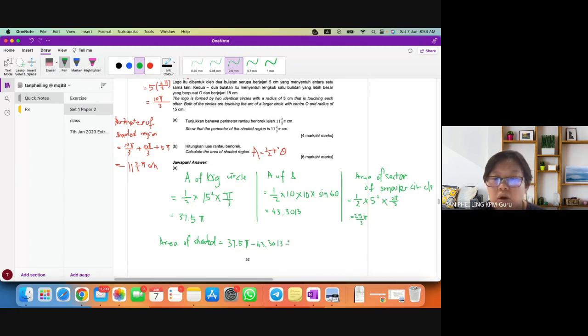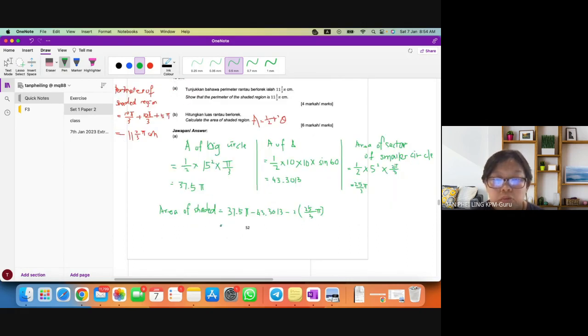Then I minus off the small circle, I need two of them, right, 25 over 3 pi. Right? So let's move on. So let's do it in terms of pi first. Meaning, I will take this 2 pi minus first, then I'll multiply with the pi. Then I'll minus this one.